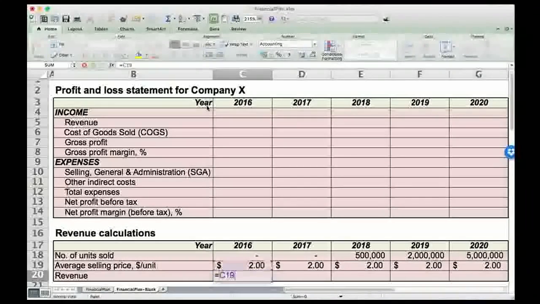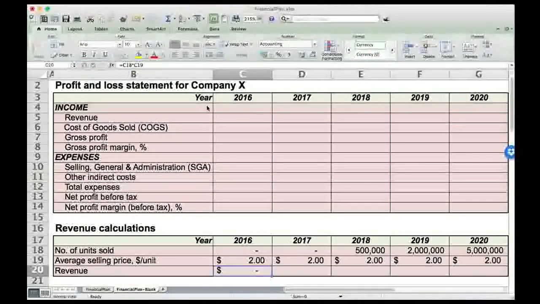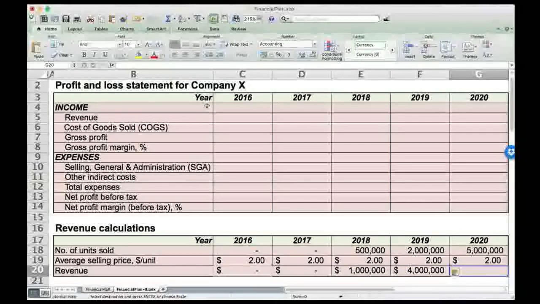So now if we multiply the number of units sold with average selling price, we will get the revenue. So there is no revenue for 2016 and 2017, but you would have revenue for 2018, 2019, and 2020, right?